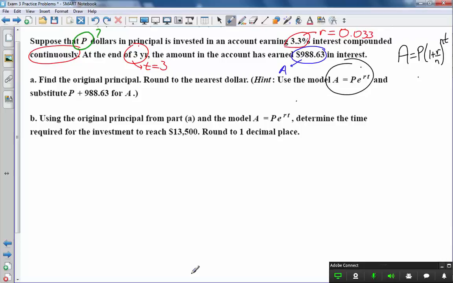No, that's not A. Usually in past questions we were given A and asked to compute P or t or r. But here they didn't even give us the whole A. This is not A. This is only the interest earned.